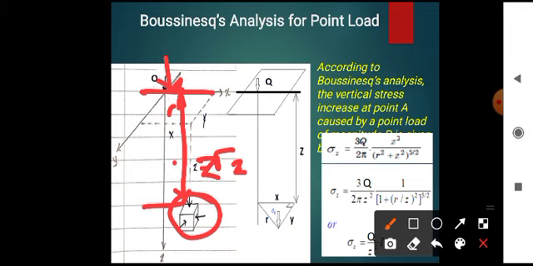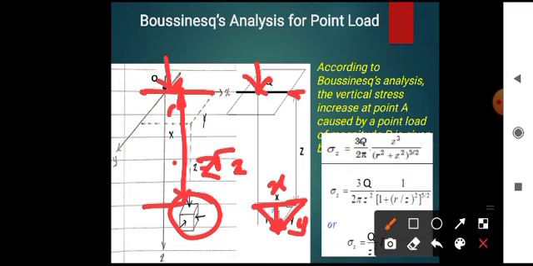This is the point at which we are considering the effect of the applied load on the surface. This particular point has the depth z, and the load is applied on the surface, with distances x as well as y parallel to the x and y directions.